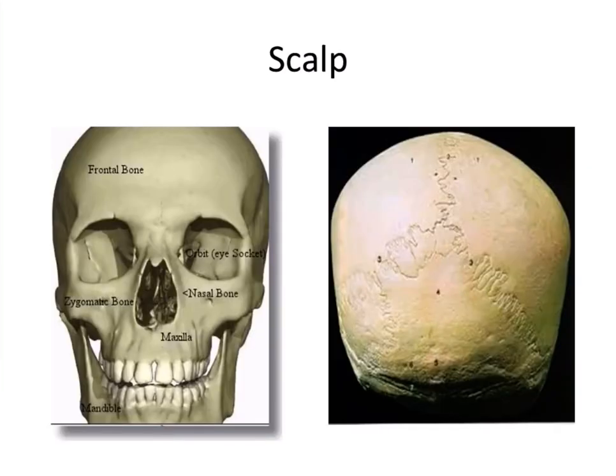These two pictures show the anterior, posterior, and lateral extent of the scalp. It starts from the superciliary arches anteriorly and posteriorly to the occipital bone, the protuberance, and the superior nuchal line. Laterally, it will continue with the zygomatic arch.